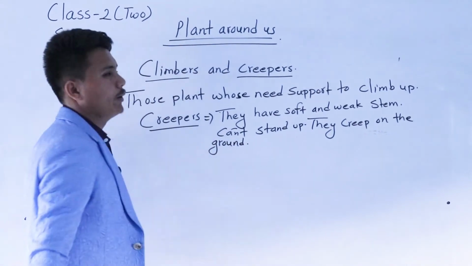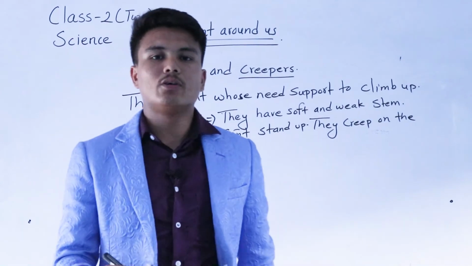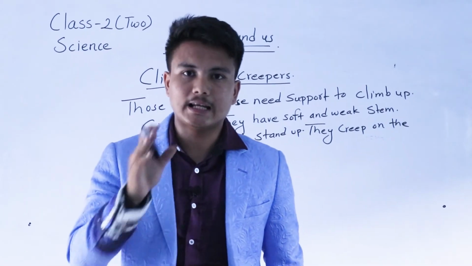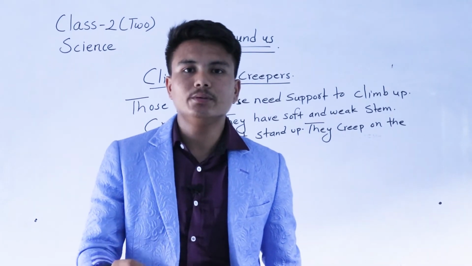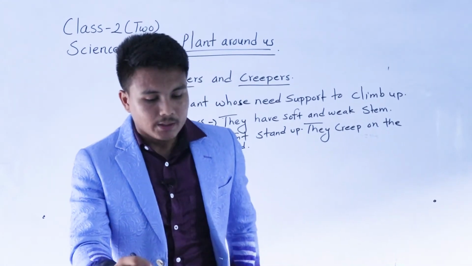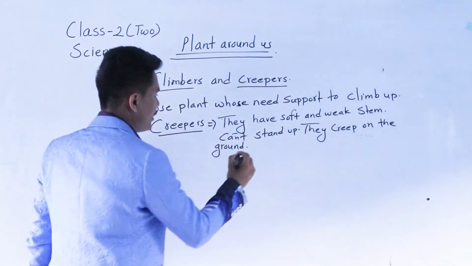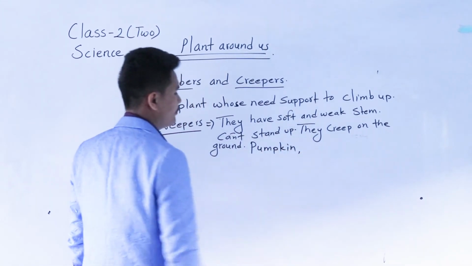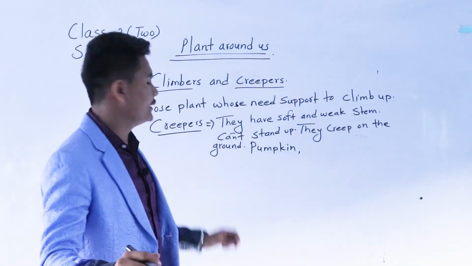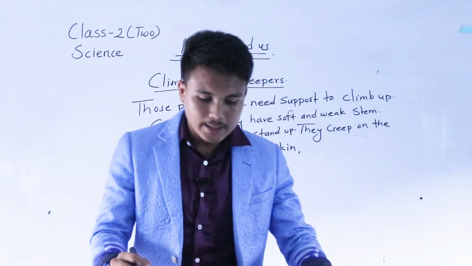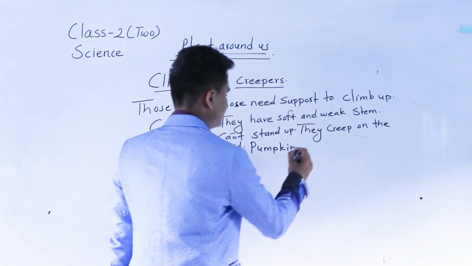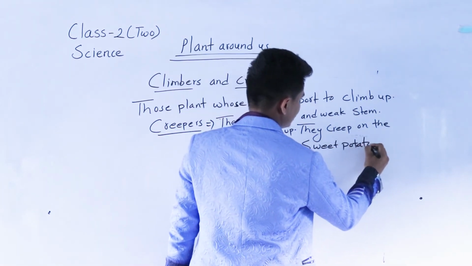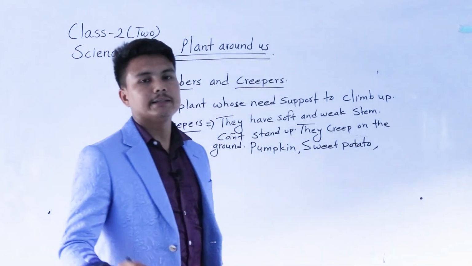Now you can give some examples of climbers and creepers. Any guesses from you? Pumpkin. Have you ever seen pumpkin? Pumpkin is a creeper. Likewise, sweet potato. Any other examples?